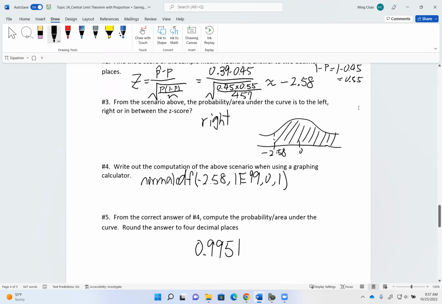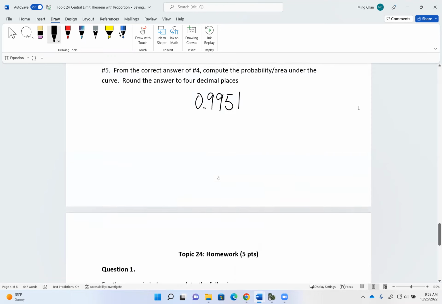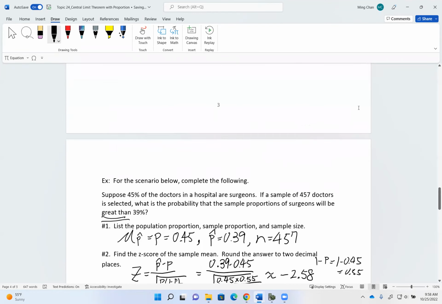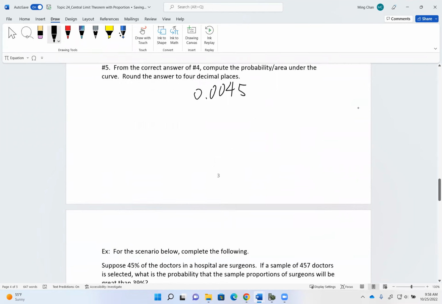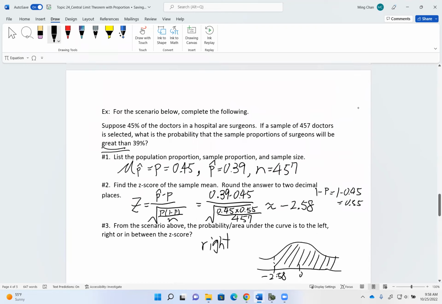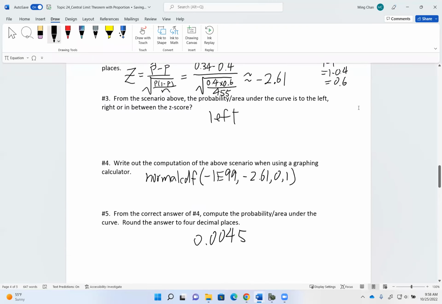So just real quick, this introduces how we can use the central limit theorem with proportions, with a little bit of binomial in here. Think about Crohn's disease: either you have Crohn's disease or you don't.